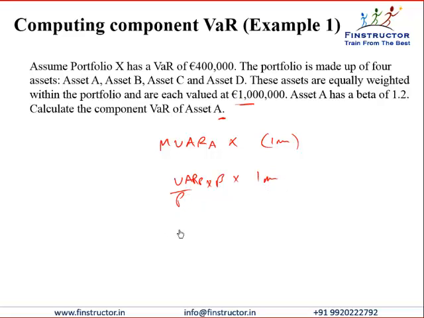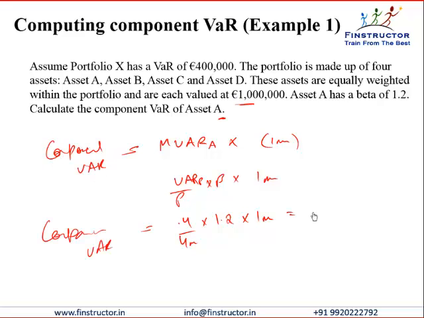The VAR of the portfolio is given to be 0.4 upon the size of the portfolio, that is 4 million, multiplied by the beta of 1.2 into 1 million will be the marginal VAR, rather the component VAR, which comes out to be $0.12 million.